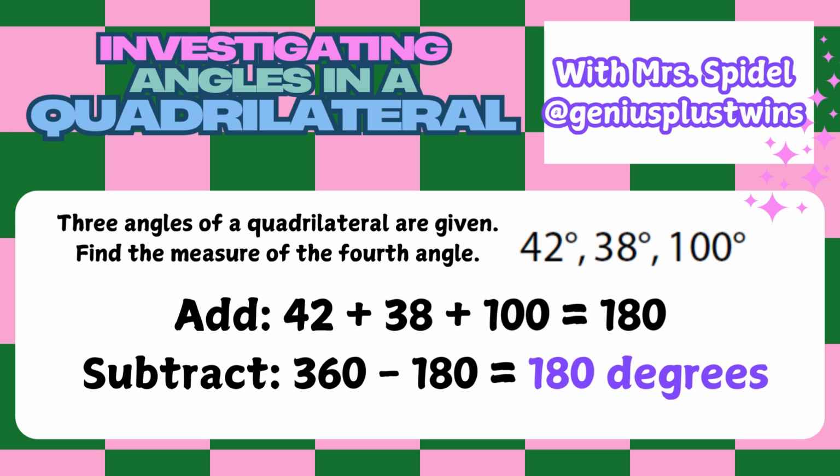I know all angles must add up to 360 degrees. When I know 3 of them, I subtract to find the difference. So 360 subtract 180 equals 180 degrees. My fourth angle is 180 degrees.